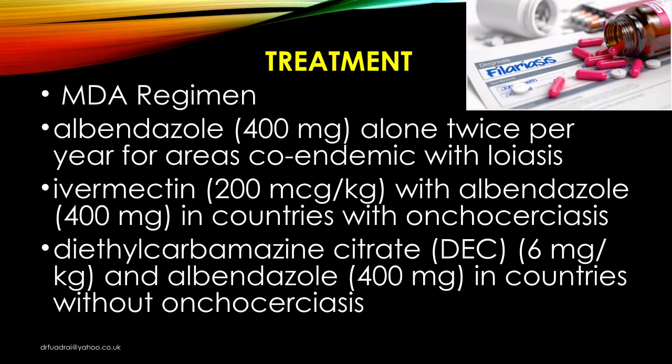Talking about the treatment, normally what is considered is mass drug administration, and the medicines which are used are albendazole 400 milligram alone twice per year for areas which are co-endemic with loiasis as well.